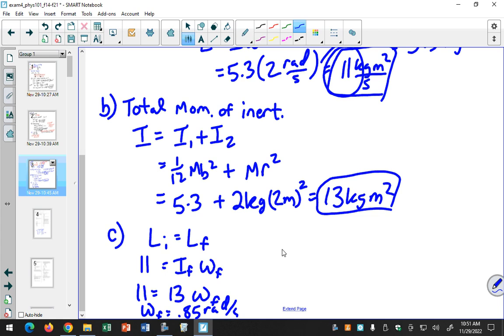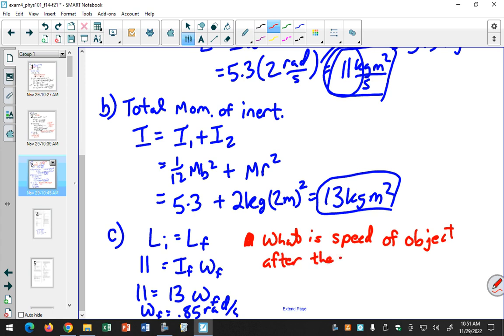So this last question is, what is the speed of the object after placing the object?